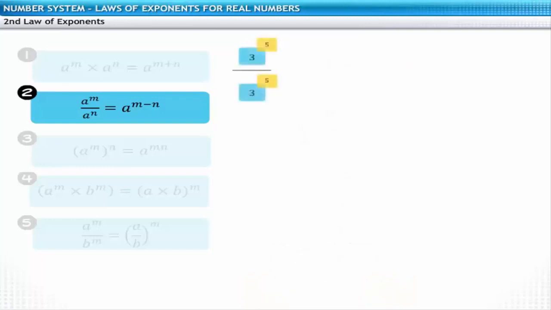Consider another example. This can be written as follows. On simplifying, we get the result as 1. Now, let's verify this example again by applying the second law of exponents.